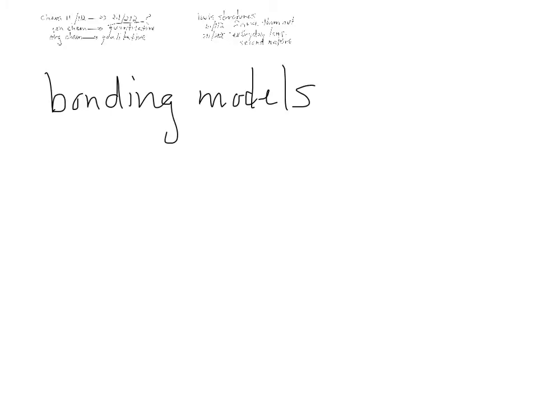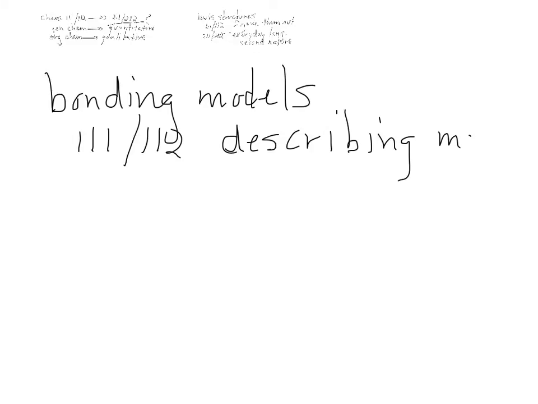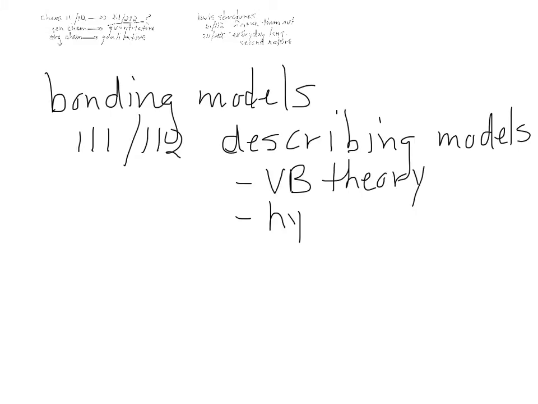A second example might be bonding models. And I'll assume covalent bonding. So in 111 and 112, pretty much you talk about describing the bonding models. So you described valence bond theory. And you described hybridization.